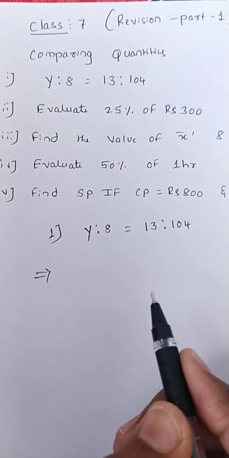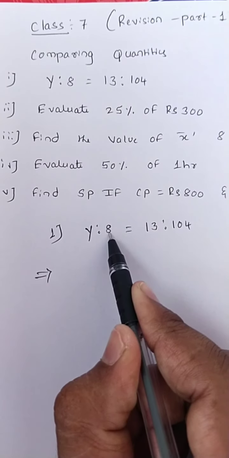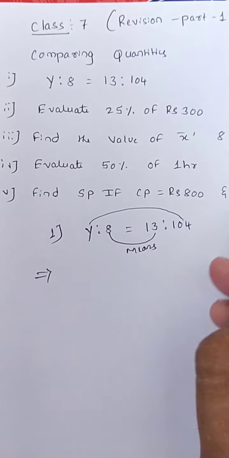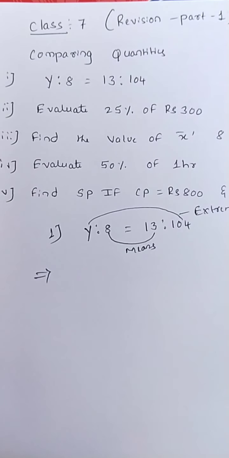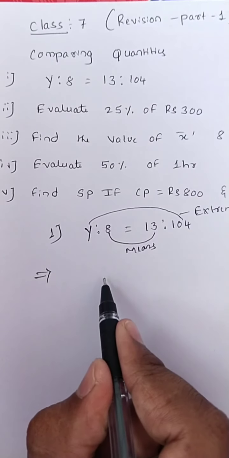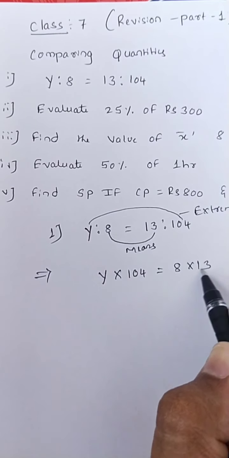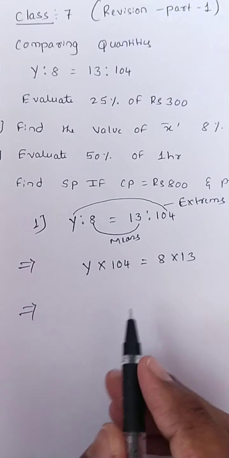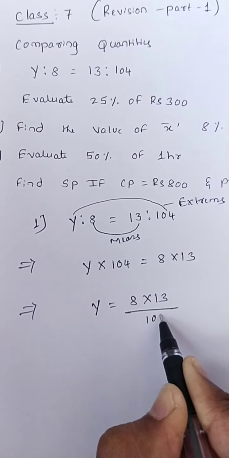First, see, these are called the means and these are called the extremes. So first you multiply: y into 104 is equal to 8 into 13. So y is equal to 8 into 13 divided by 104.